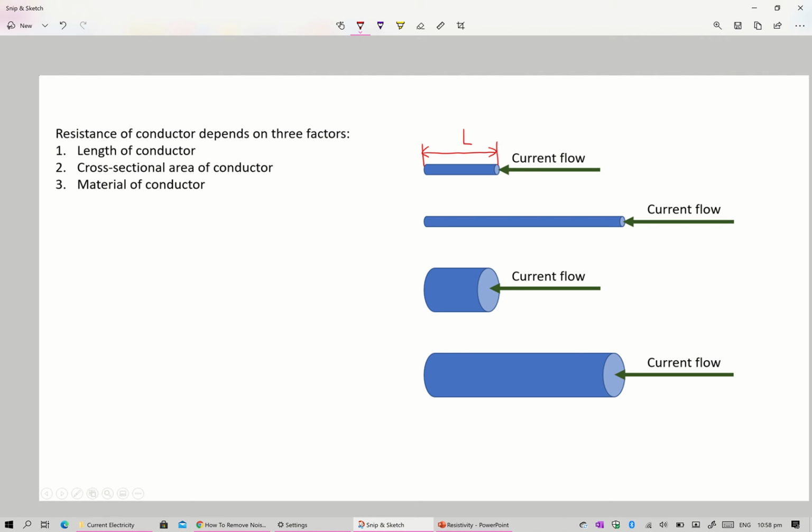For this discussion purpose, I denote the length with a capital L. For the other three, this is the length, this is another length, and this is another length. So for this, refer to the length of the conductor.